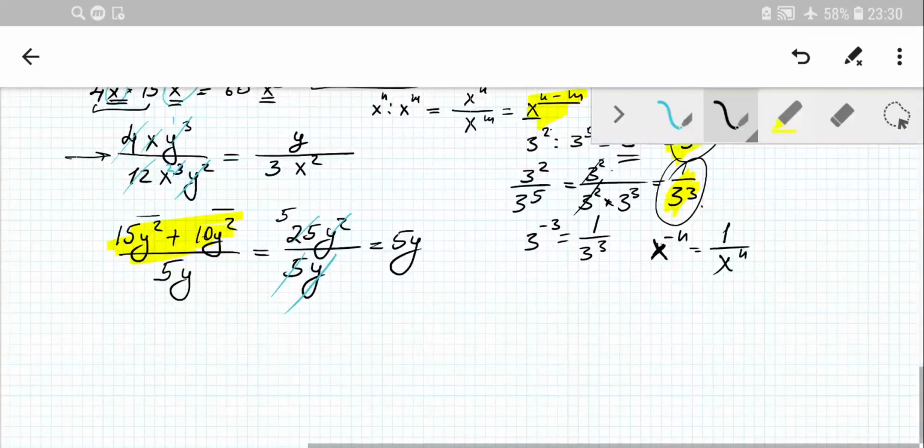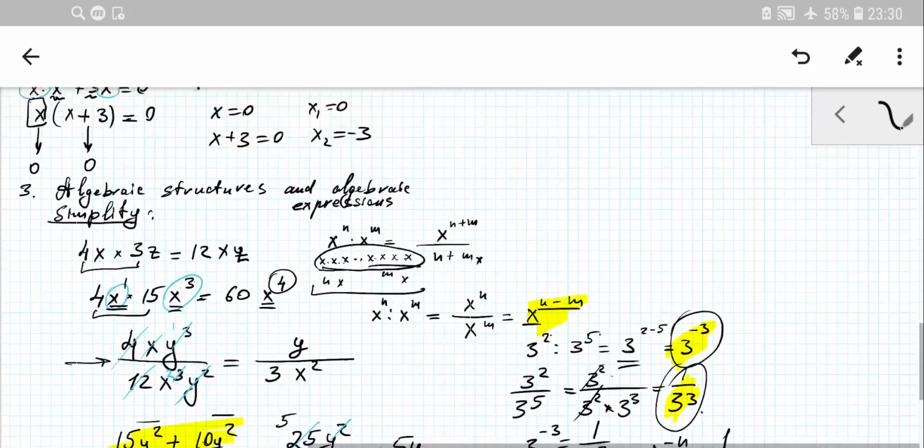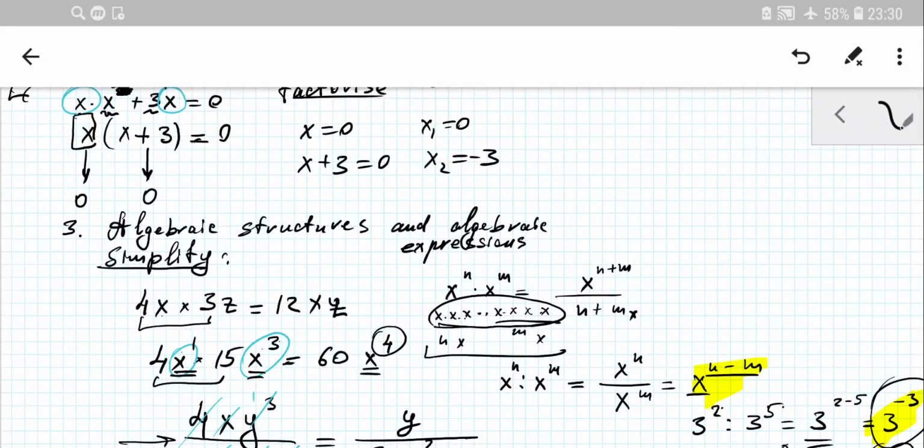Okay, so you see how it works with algebraic structure and expressions, and this is simply the way that every single student needs to do. All right, so the main significant tips were given to you, so try to apply them. We covered only 3 types of questions, and I think we need to stop here for a while.